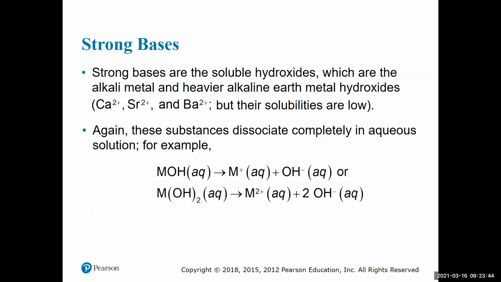So if this MOH is serving as a generic strong base, you put that into water and you get whatever that M is as a positive ion, and then you have hydroxide. Depending upon what that M is, if it has a charge of +2, then you would get 2 hydroxides formed. You have M+2 and 2 OH minus. And there are a few things, like here calcium hydroxide is an example, barium hydroxide is an example.